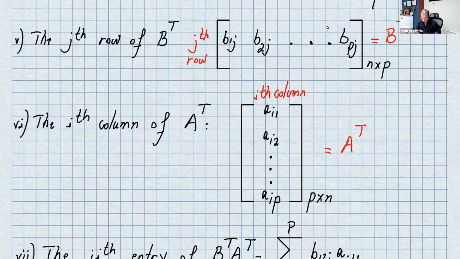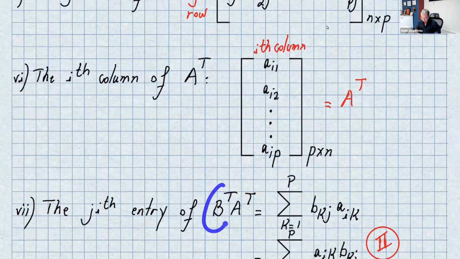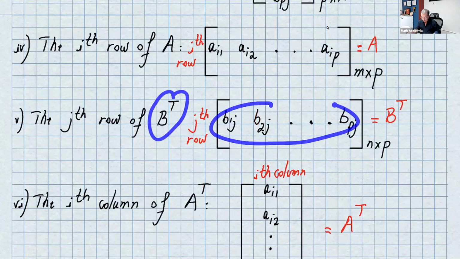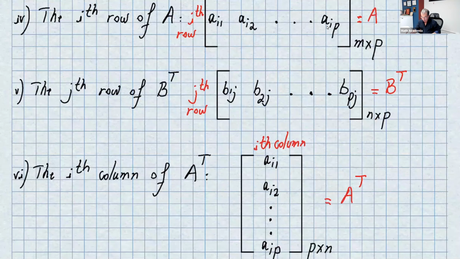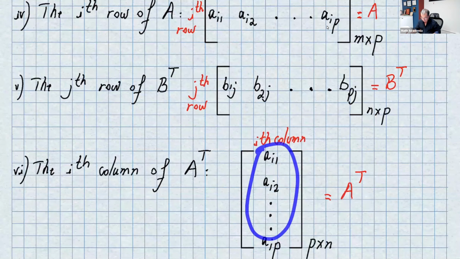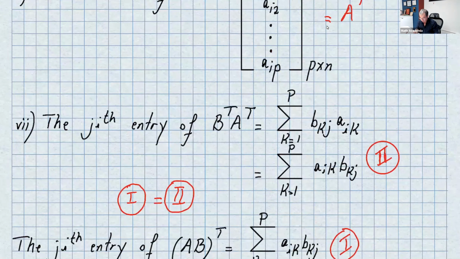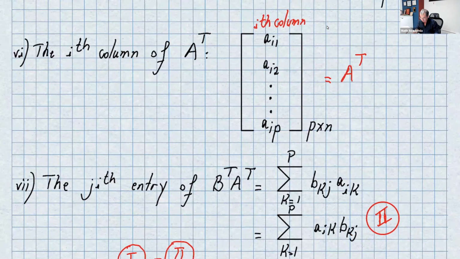Now what we want to do is B transpose times A transpose. So if you do B transpose times A transpose, that means basically taking this and multiplying it by that. So you can write the summation notation. It's going to be B_kj times A_ik.